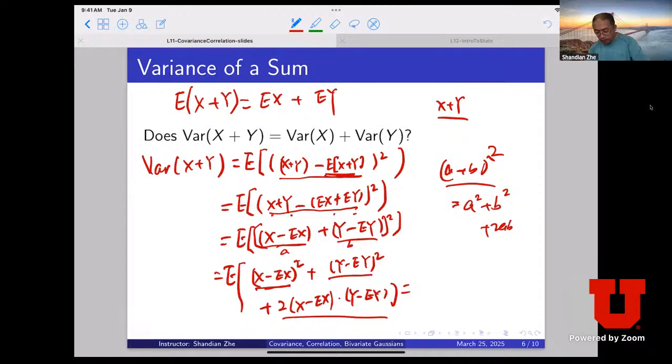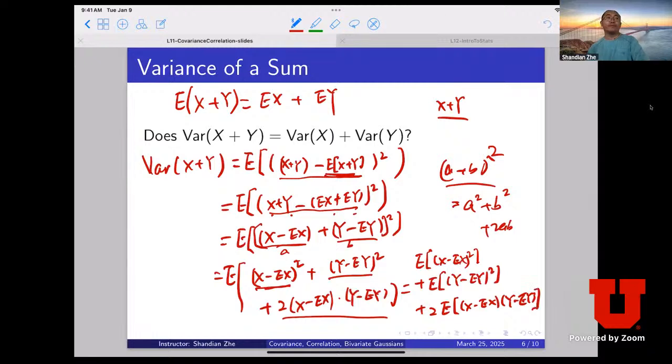So which gives us expectation of x minus ex squared plus expectation of y minus ey squared plus 2 times expectation of x minus ex times y minus ey. Do we agree?